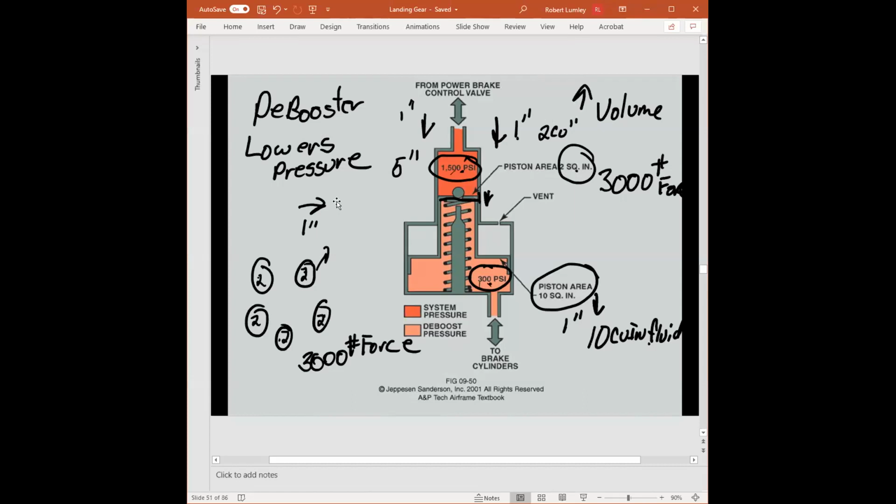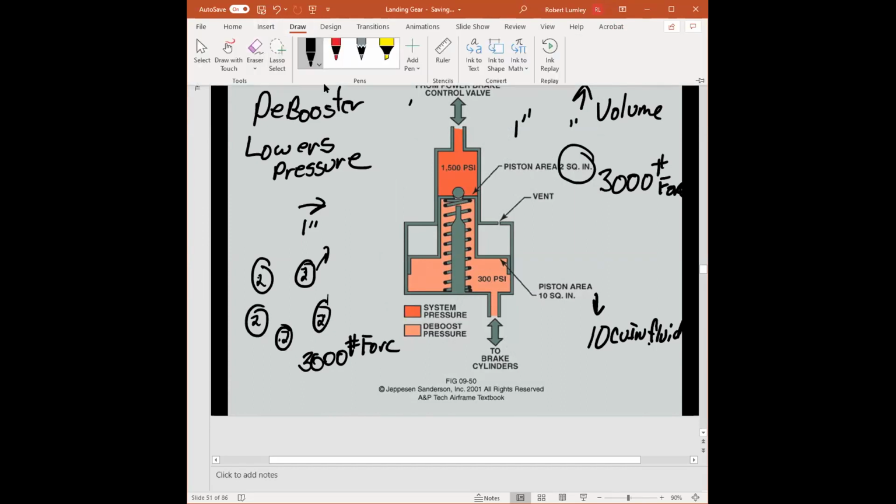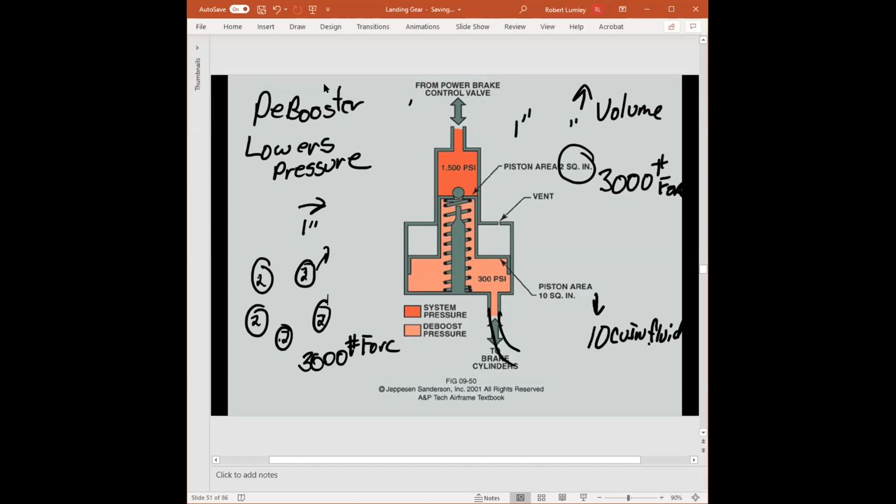Now here's a little thing. There's this little stem here with a spring and there's a ball on top. I'm going to erase this, clear that part out. Now, what is this for? Well, think this is going to the brake line, to the calipers. Could we have a small leak? Yes. If we had a small leak, eventually this piston would go all the way down and the brakes would fail.